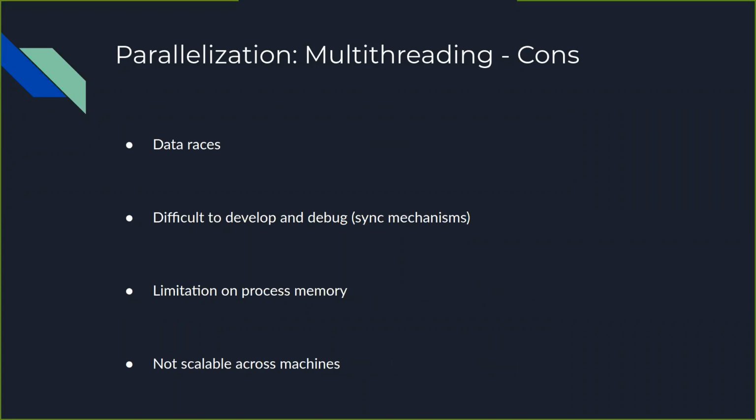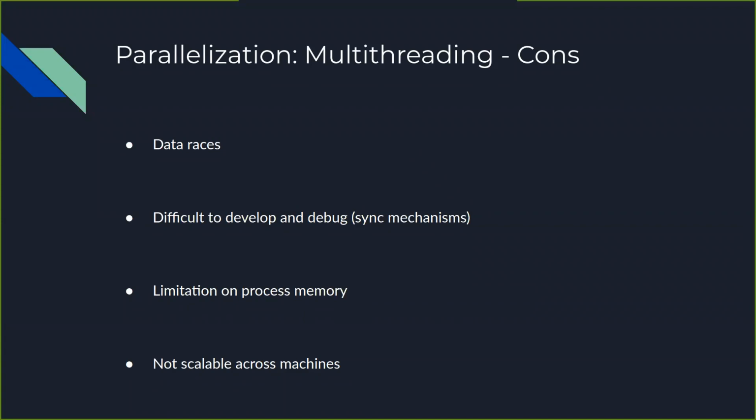Some problems which we face during multi-threading are that you extensively have to take care of data races, and multi-threading is difficult and expensive to develop and debug, since you need to use so many synchronization mechanisms.